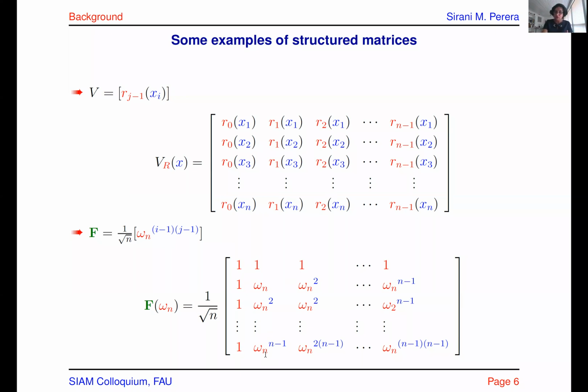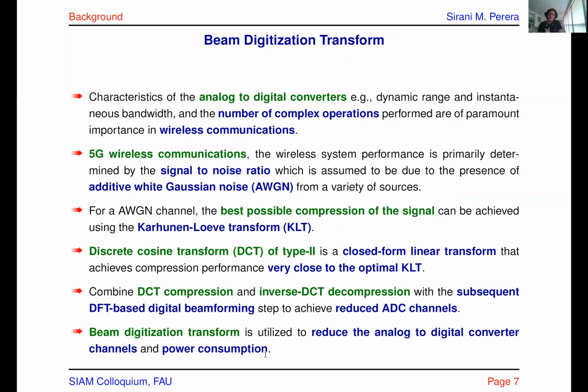That's the discrete Fourier transform matrix, the DFT matrix. Okay. What we are going to talk about is beam digitization and how this structure can be utilized to derive the fast algorithm for the new transform that we're going to introduce.